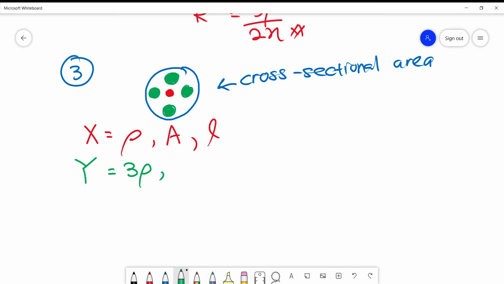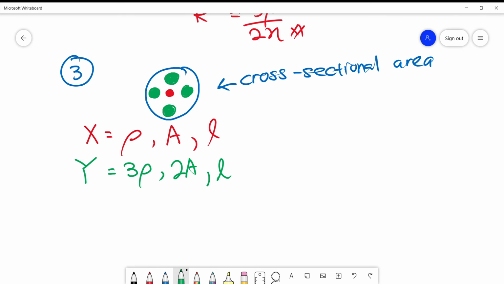So the resistivity is 3 times the resistivity of wire X. The cross-sectional area is twice the cross-sectional area of X, which is 2A. The length is the same. So the question is, what is the total resistance possessed by this big set of wire?